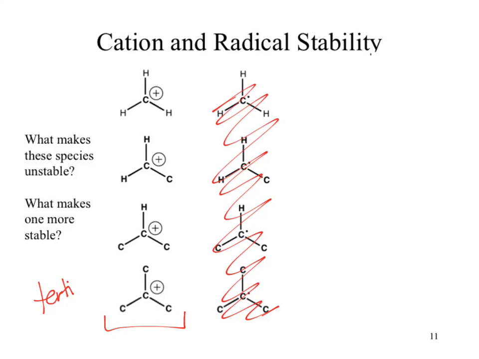Tertiary, because it's bound to 3 carbons. What makes each of these species unstable? The positive charge. So they're all positively charged. Is any one of those more or less stable than the others? Why is the tertiary more stable than the others?